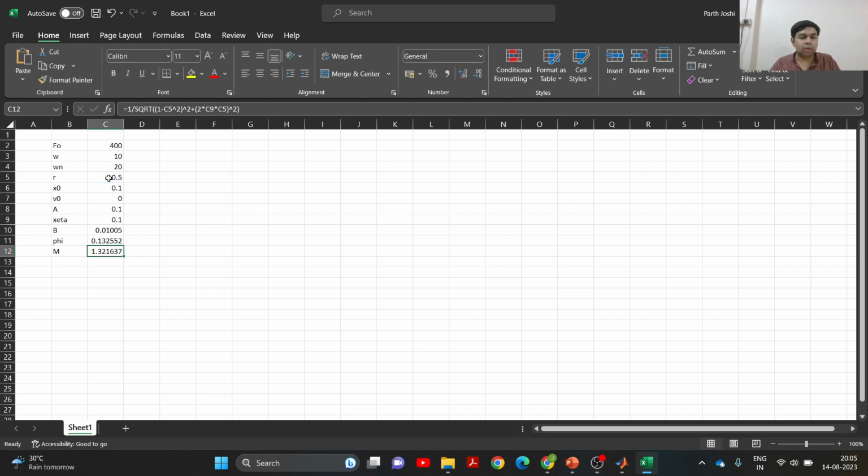So magnification factor is 1.32. So the amplitude xp is basically F naught upon k, which is 400 upon 4000, into the magnification factor M. So xp is 0.132. So the steady state amplitude value is 0.132.